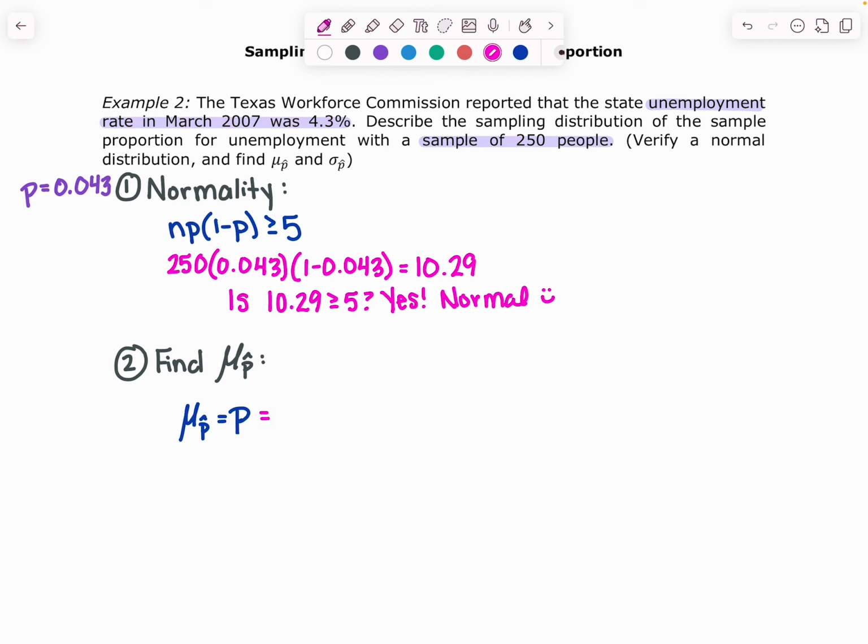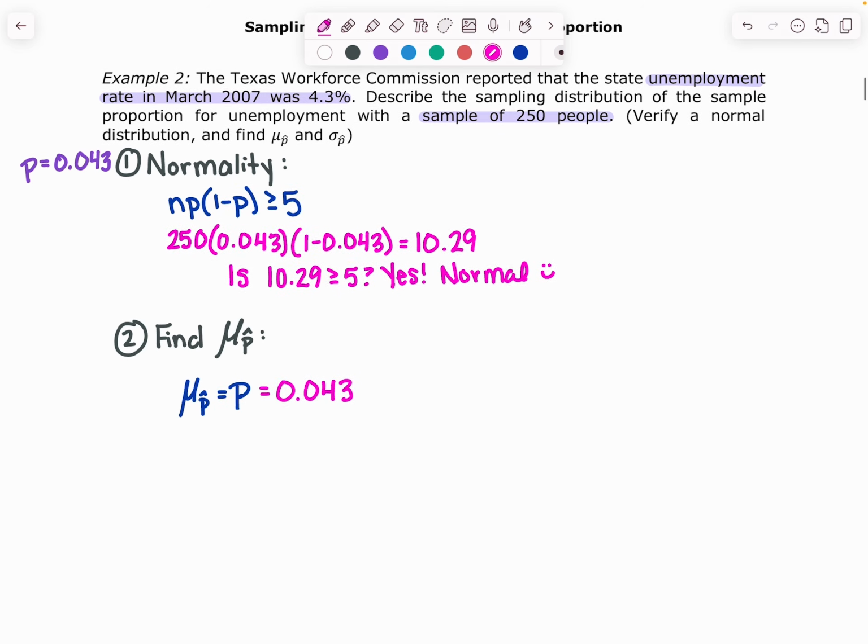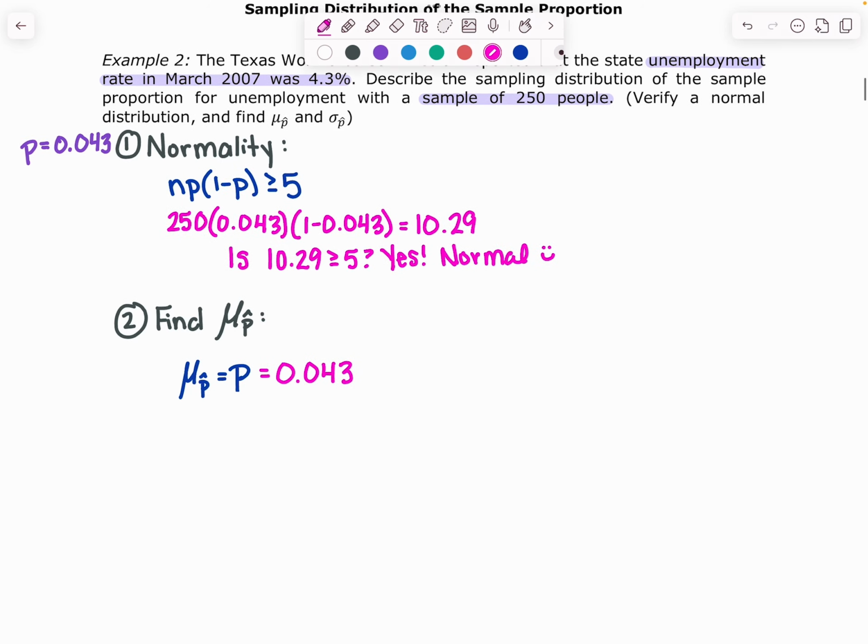And our p in this case is 0.043, the 4.3% that we were given for the unemployment rate. And then the last thing we want to do is find sigma of p hat.